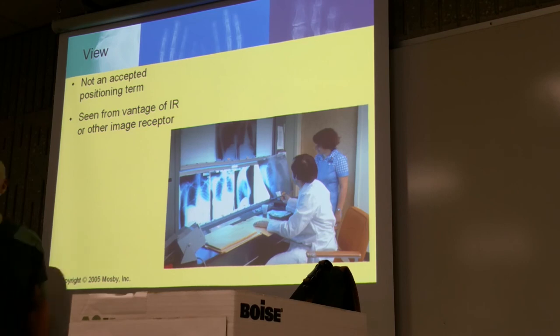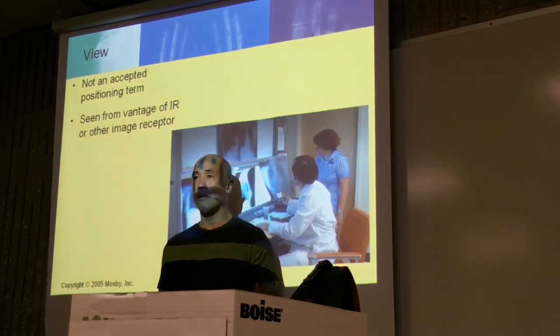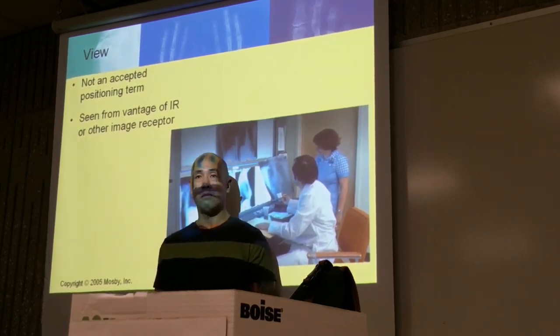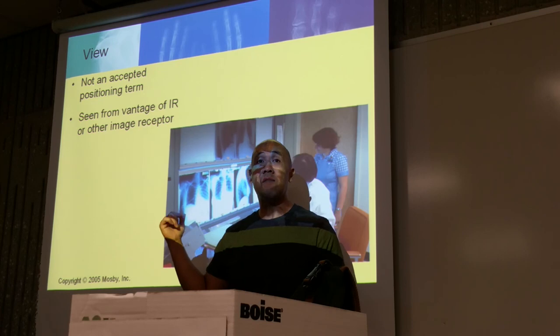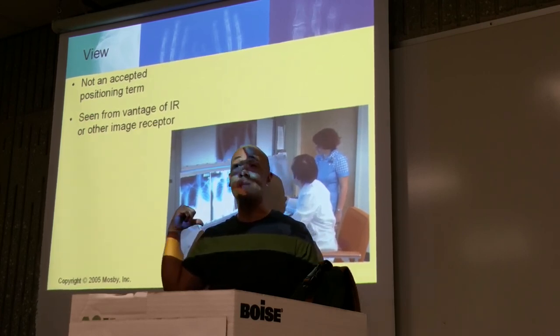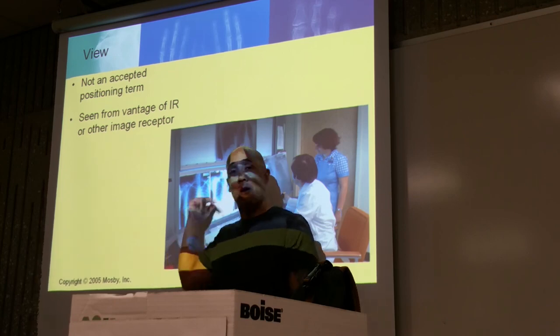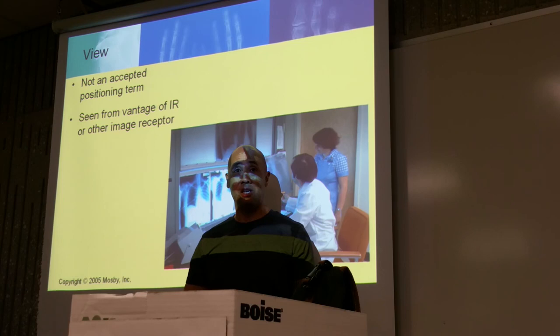Let's say, for example, I was in this position. What projection am I in? AP. Okay, the view is the perspective of the image receptor. So it's going to be the mirror image of what's behind me, the image receptor. So if this is an AP projection, what do you think the view is going to be? PA.